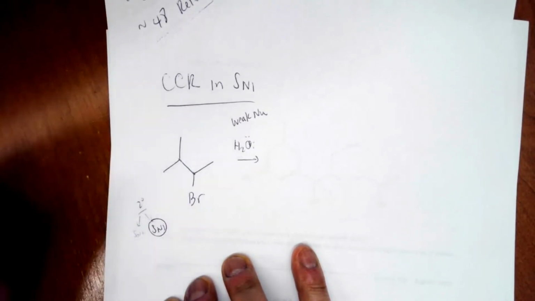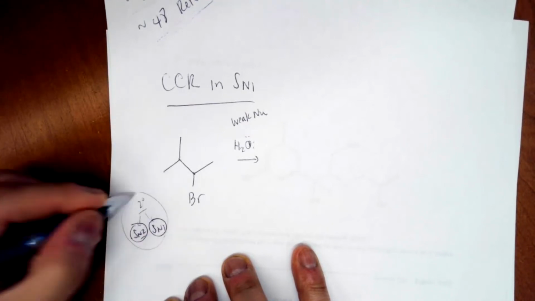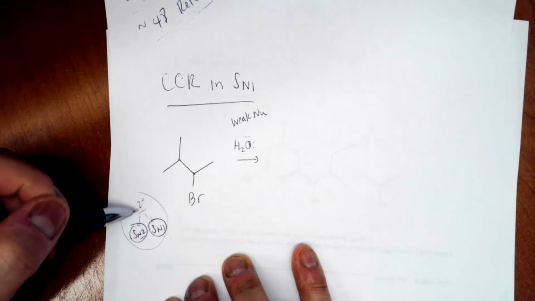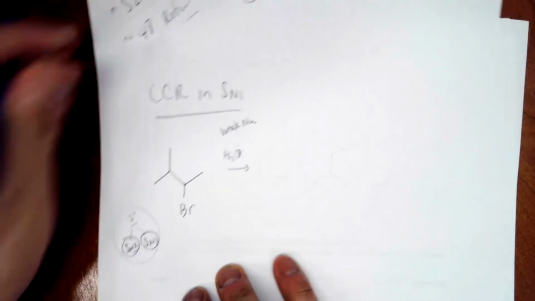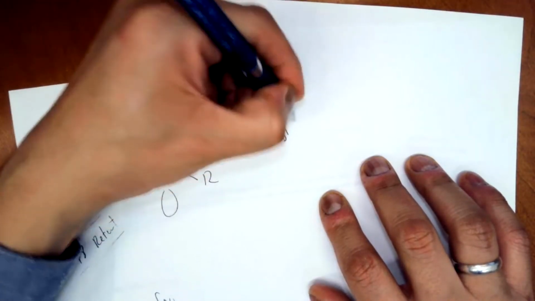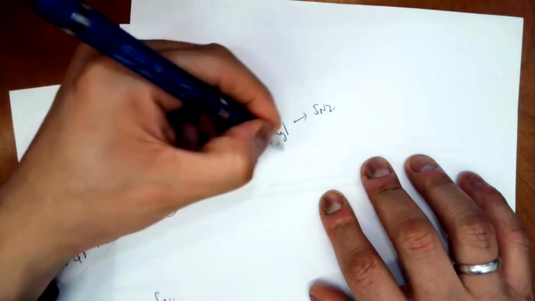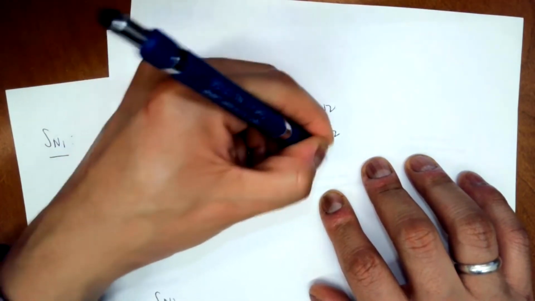What if it's a strong nucleophile? If it's a strong nucleophile, it will go under SN2. Should I do that with every substrate? No, you only do that with the secondary substrate. Methyl substrates will always do SN2. Primary substrates will always do SN2. Secondary substrates are the tricky ones.